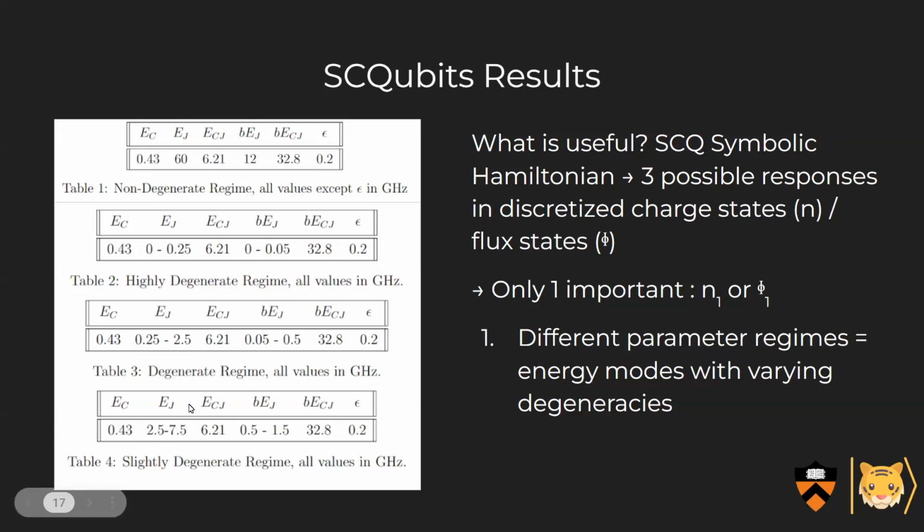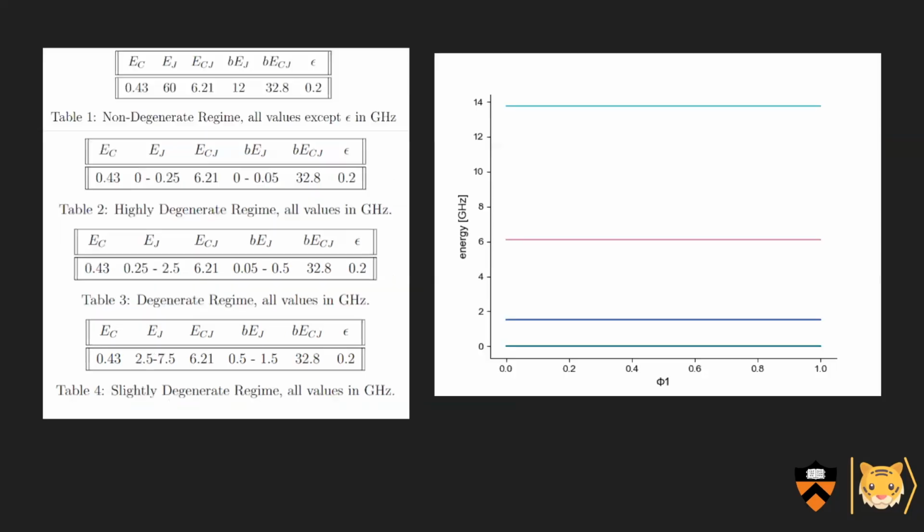From 2.5 to 7.5 gigahertz, we have five distinct energy levels. But for the non-degenerate regime, essentially anything 10.5 and higher, we have six distinct energy levels. So degeneracy certainly depends on the Josephson energy, looking at our design.